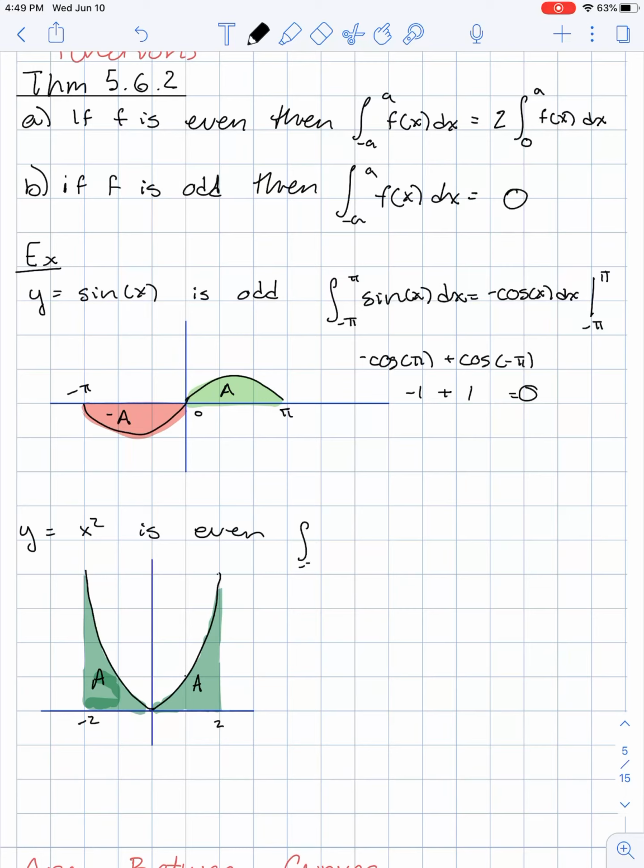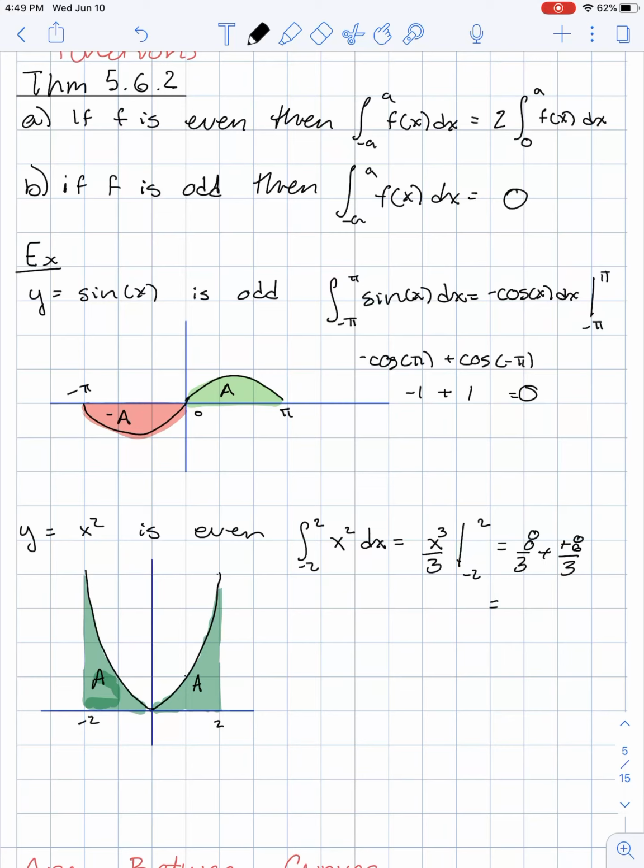So if I do the integral from negative 2 to 2 of x squared dx, that's going to give me x cubed divided by 3 from negative 2 to 2, which is 8/3 minus a negative 8/3.